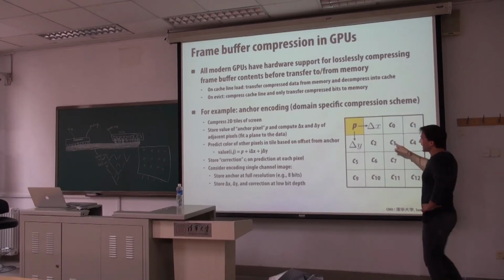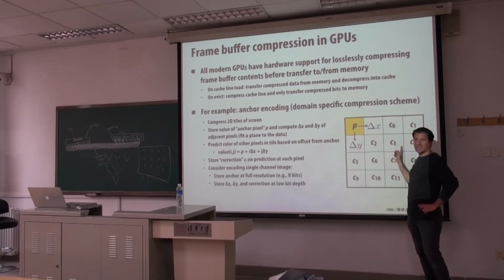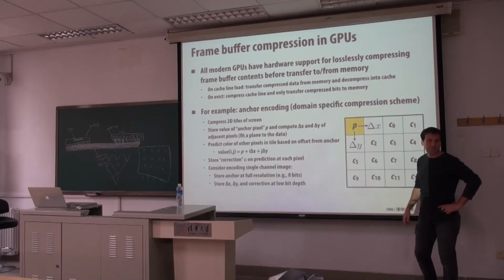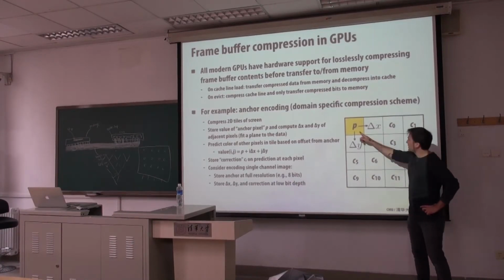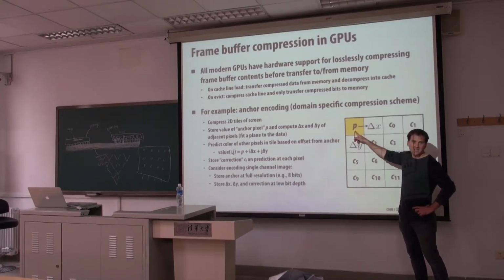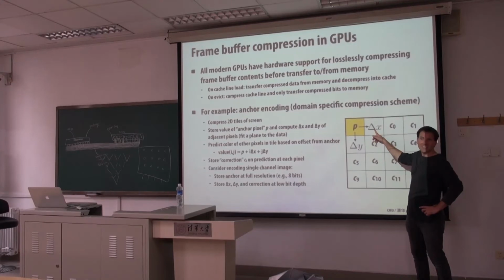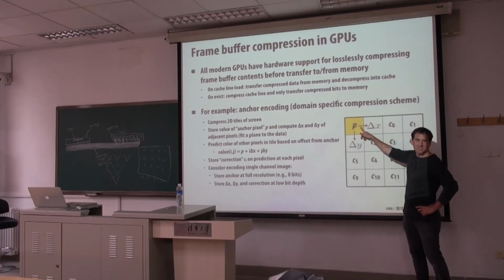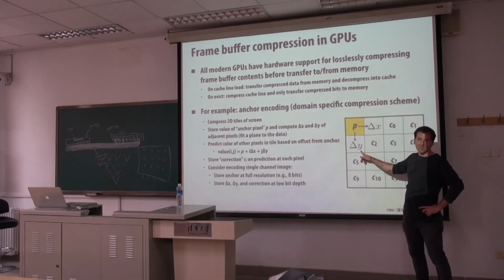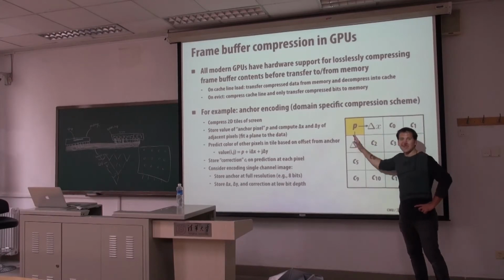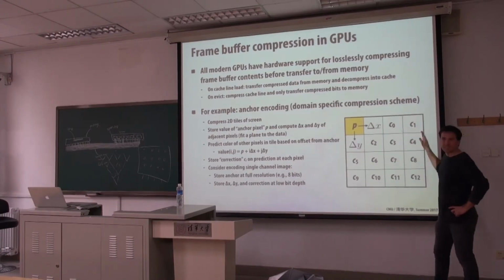They take the top left corner, or any pixel, and that's the base color. Then they compute how much the color changed 1 pixel to the left, delta x, and how much the color changed 1 pixel down, delta y. And then they extrapolate the rest of the values.